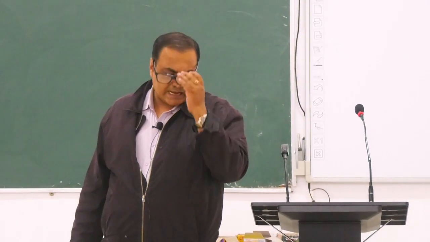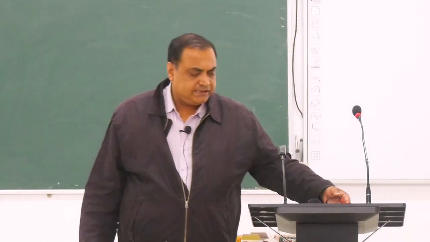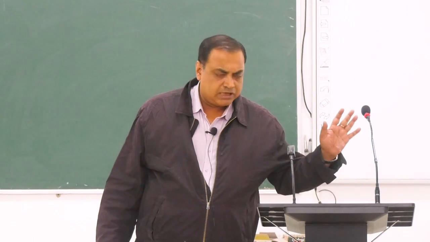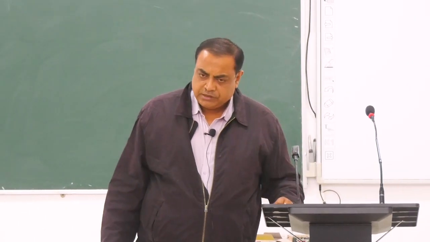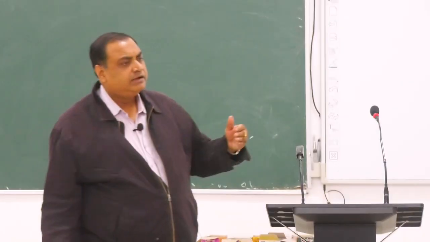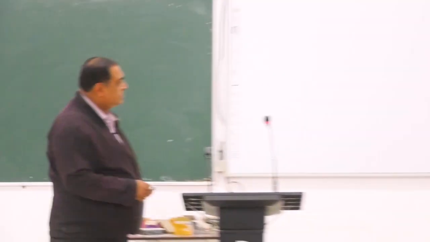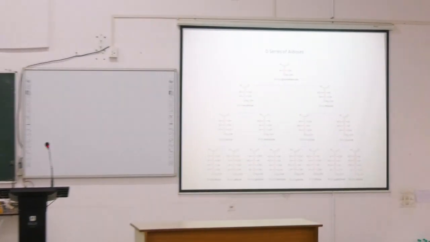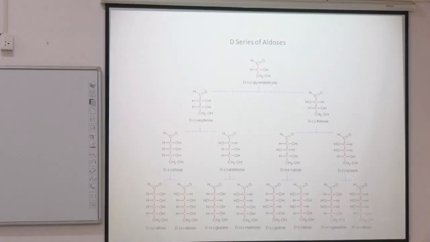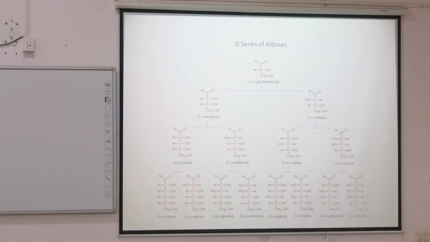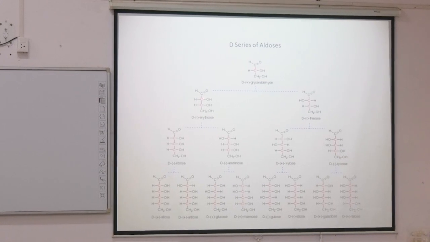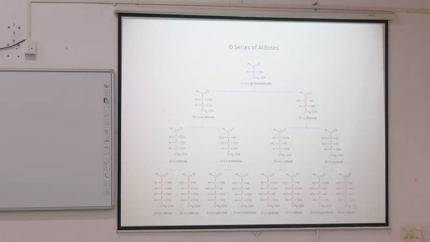C1 is the aldehyde group and C2 is the alcohol group. So this is triose, this is tetrose. The new carbon atom is added here. This is the newly added carbon atom.